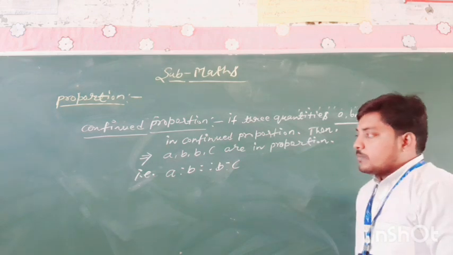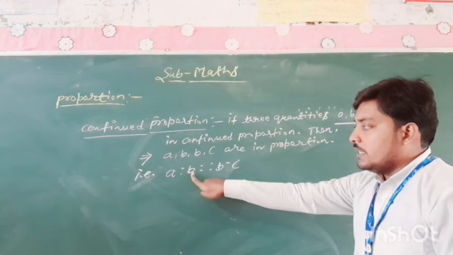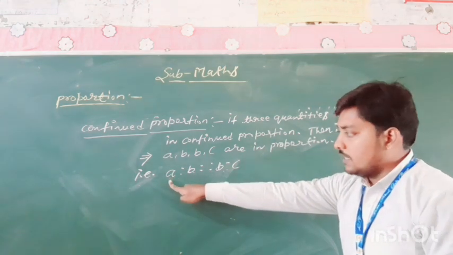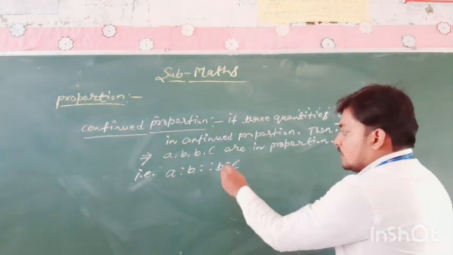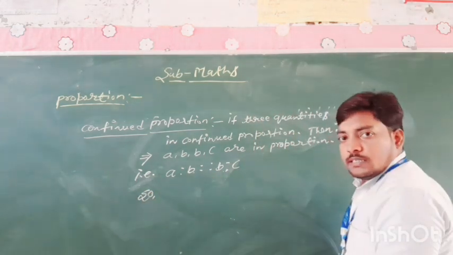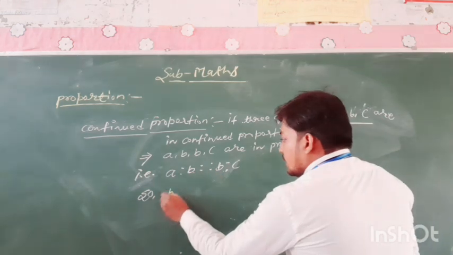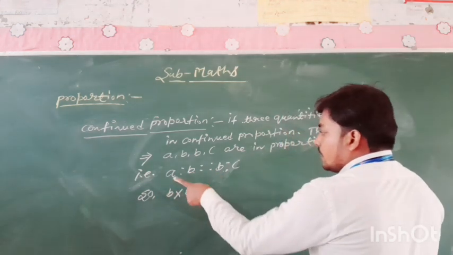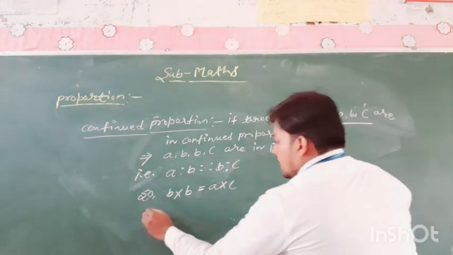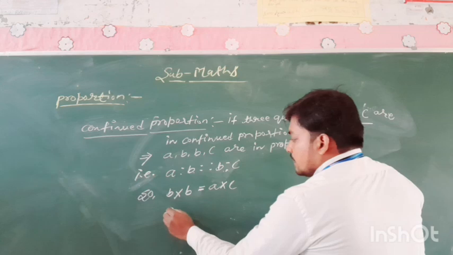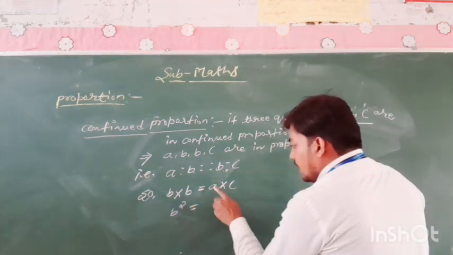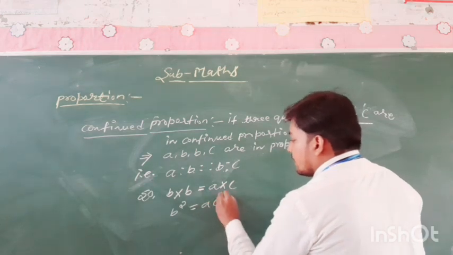In this case, product of middle terms, it means B into B, and product of extreme terms, it means A into C. So product of means, B into B, is equal to product of extremes, A into C. Here B into B is B square, and A into C is AC.